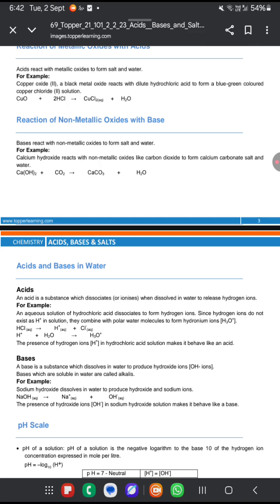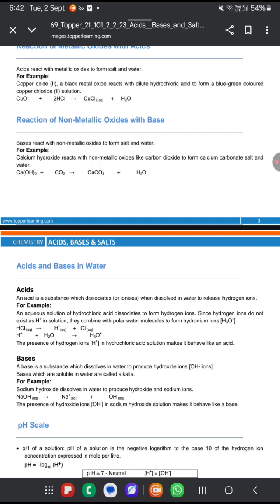Since H+ ions do not exist as hydrogen H+ in the solution, they combine with water molecules to form hydronium ions, H3O+.